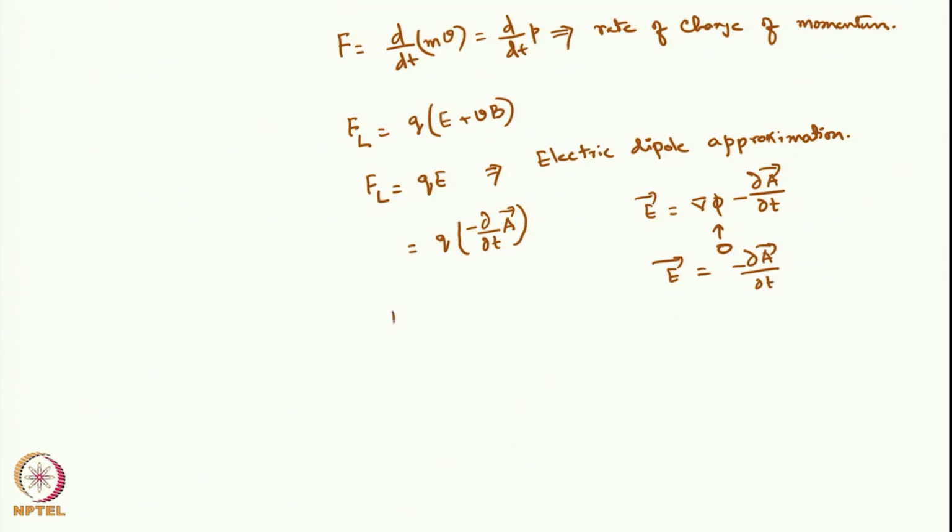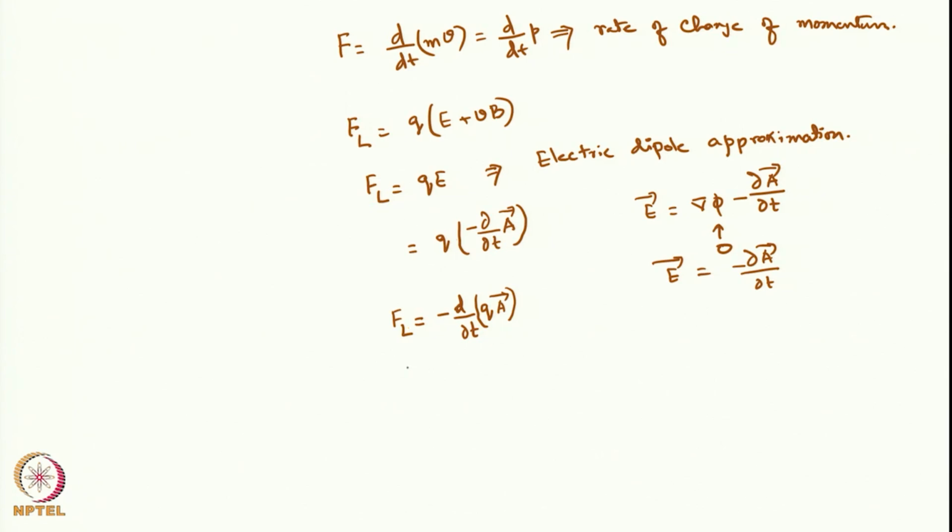Now F_L is equal to, of course Q is the charge of the system, so it can be taken out, it is a constant with respect to time. So this can be written as minus d by dt of QA. So the Lorentz force is given by d by dt of minus QA.